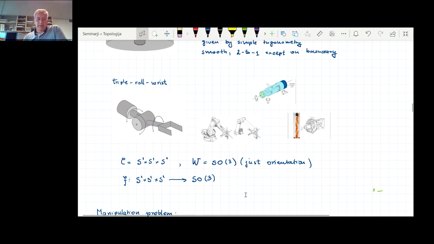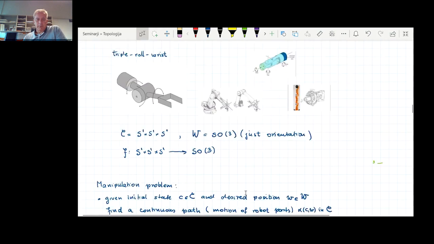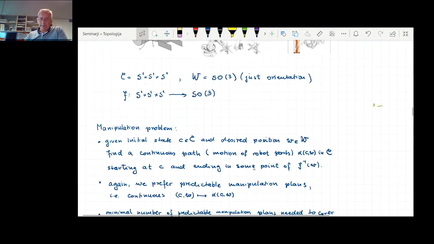And now the manipulation problem is stated as follows. When you start, your machine is in some internal state, C, and you want to move it to some position in the space. So to this initial state there corresponds some initial position, and you want to get to some final position.